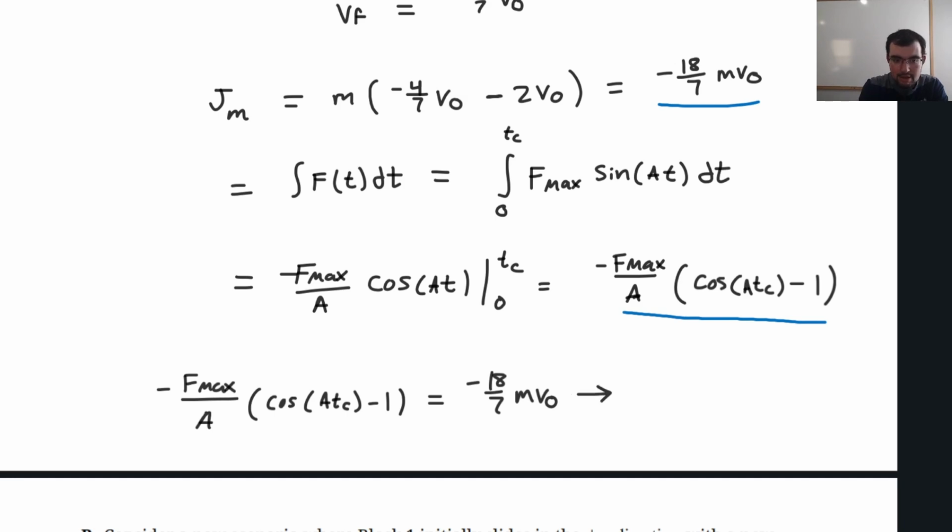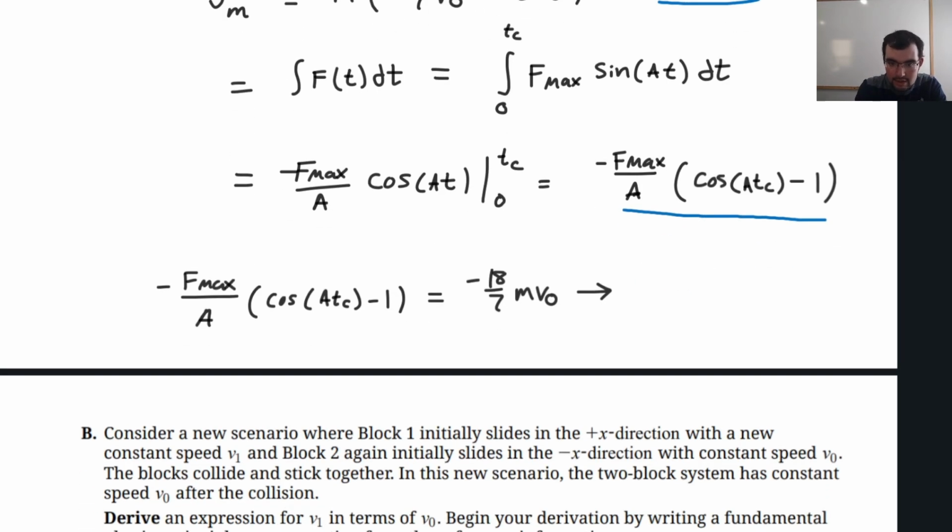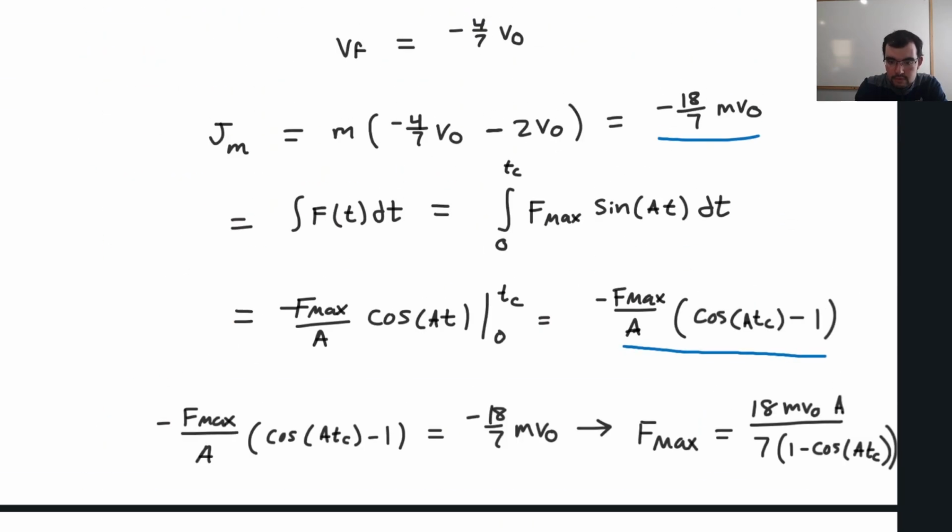And now I just divide by everything on the left side, and I'd get F max in terms of magnitude is going to be 18 mv0a divided by 7 times the quantity. Just to make this positive, I'm going to flip the order around, although you wouldn't be graded for this magnitude. 1 minus cosine of A TC. So there's our answer there.